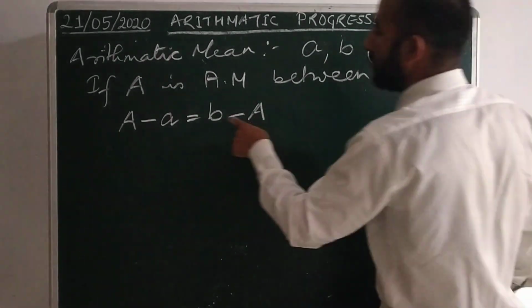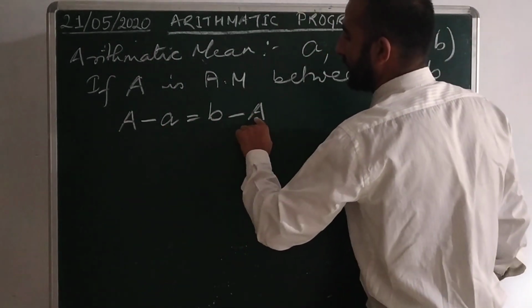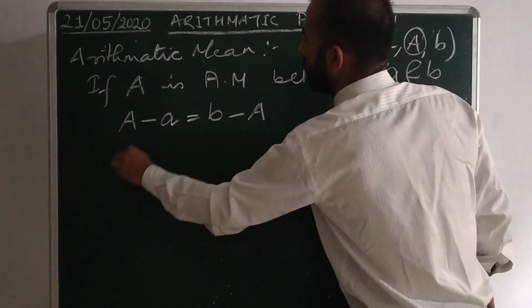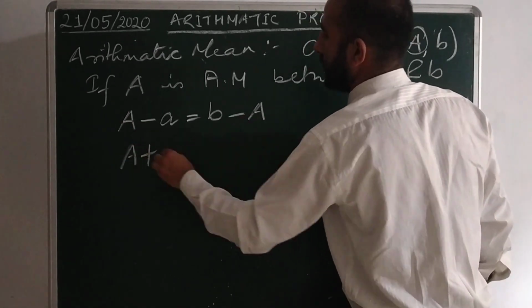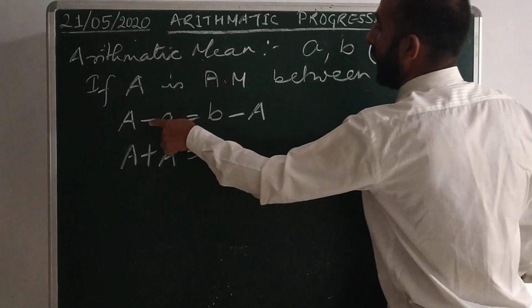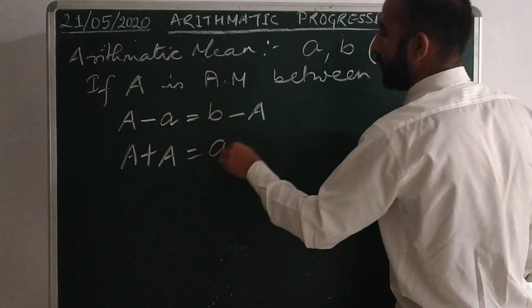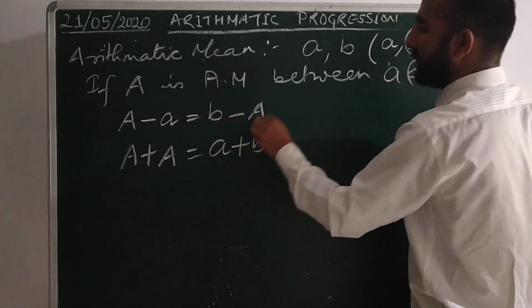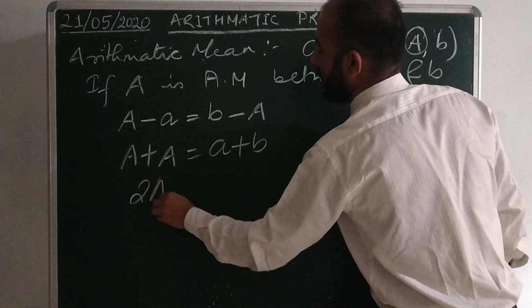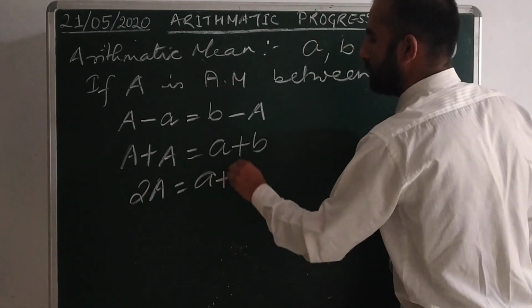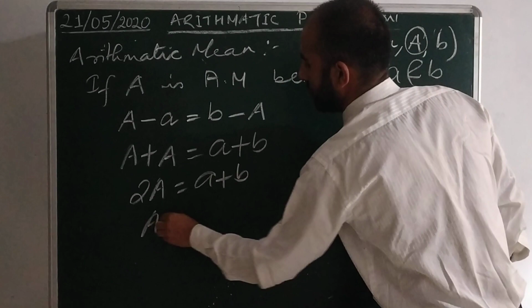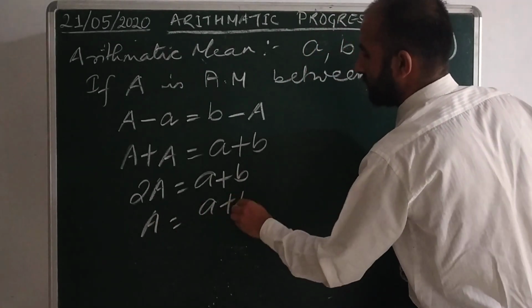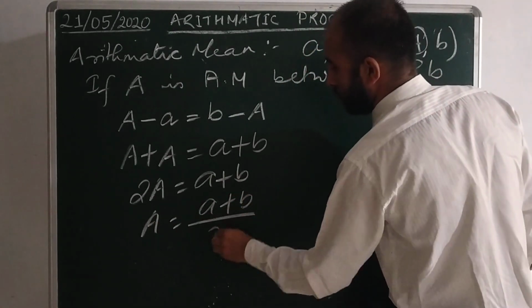So from here, what will we get? Okay, I'll take this to that side. A plus this A will give you, I'll bring this side, positive a plus b. That means 2A equals a plus b. That means the arithmetic mean is a plus b by 2.